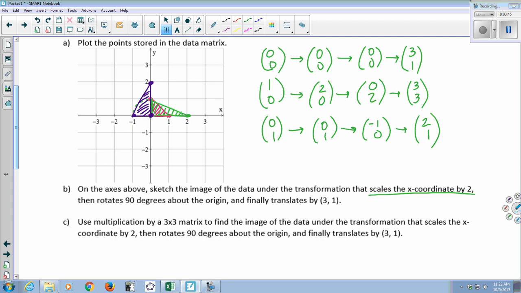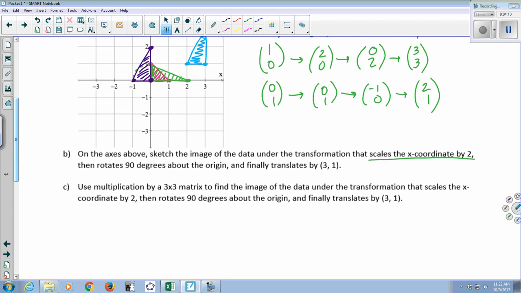So my final triangle is going to be at 3, 1, 3, 3, 2, 1. So that's my final one. Sketched. I took my original triangle. I had to sketch a whole bunch of stuff, but I figured out where it landed.